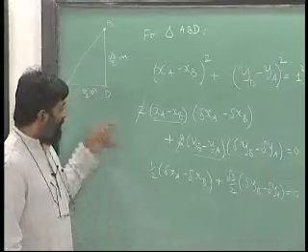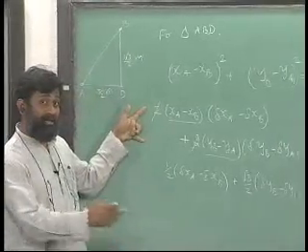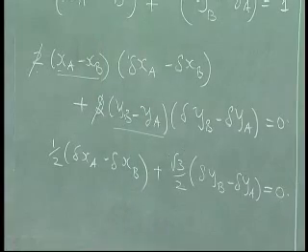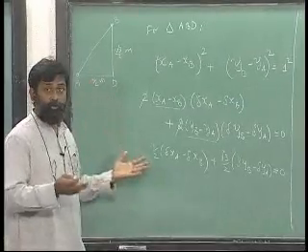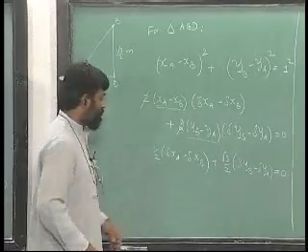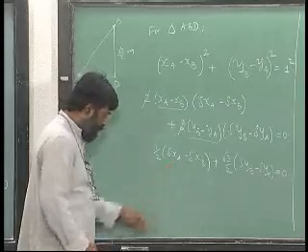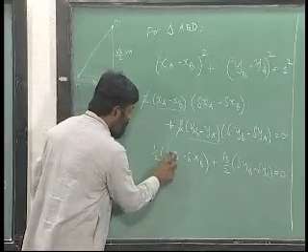Again I will reiterate, this can be used for any configuration, whereas this can be used only for this right angle configuration. So you have to make that distinction when you do this. I already know delta xa equal to 0, so I can erase it.